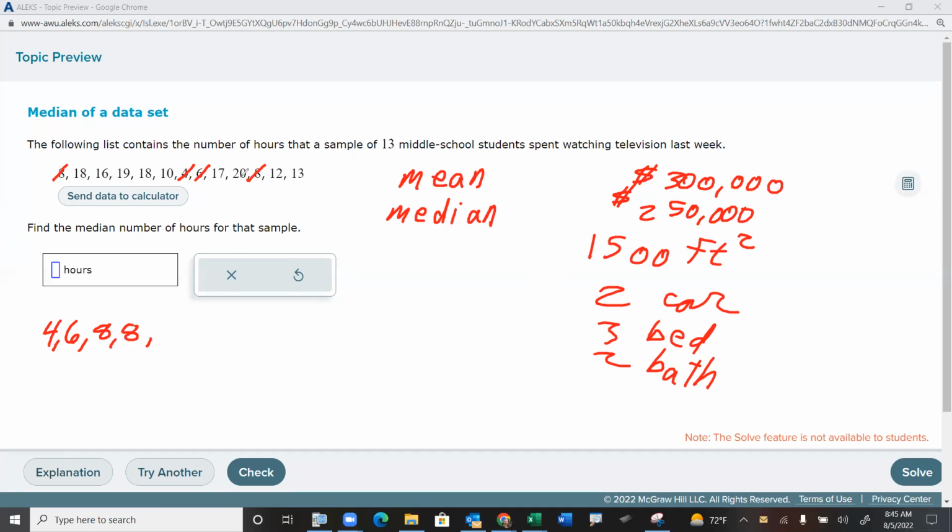And then we're out of the single digits. Oh, we got a 10. And then we've got a 12 and a 13. Let's see, 16, 17, 18. Another 18, a 19 and a 20.